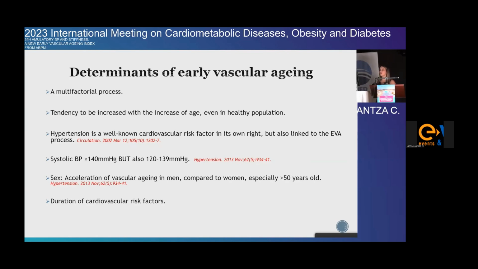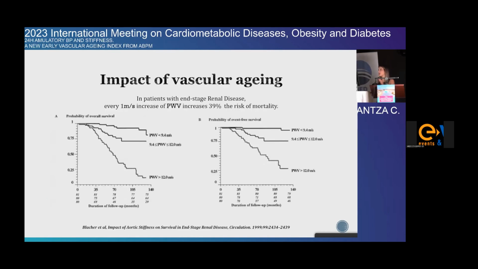And of course, the duration of cardiovascular risk factors may have an impact on early vascular aging. If you have hypertension for 1 year, it is not the same as another patient who may have had it for 50 years and hasn't addressed his hypertension well.